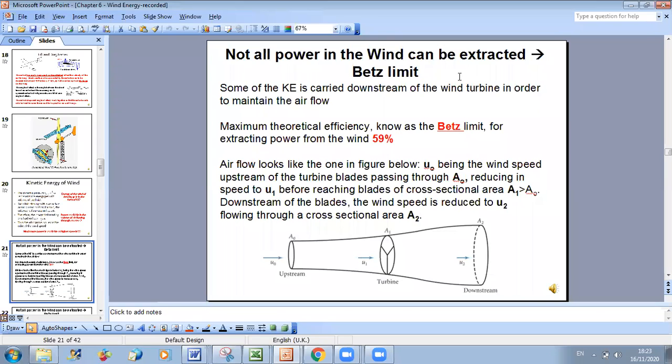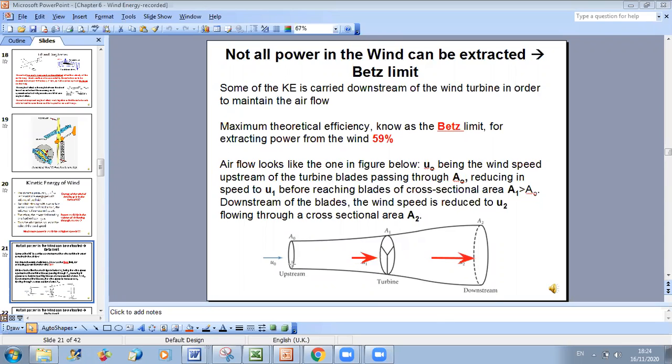Here they are telling us that some of the kinetic energy is carried downstream of the wind turbine in order to maintain the air flow. What do we mean by this? We mean that we should lose one part to make our flow go through the turbine blade. To understand this effect, look at this figure: this is your turbine. You have a flow going over the turbine, but you need to have a flow getting out from your turbine.